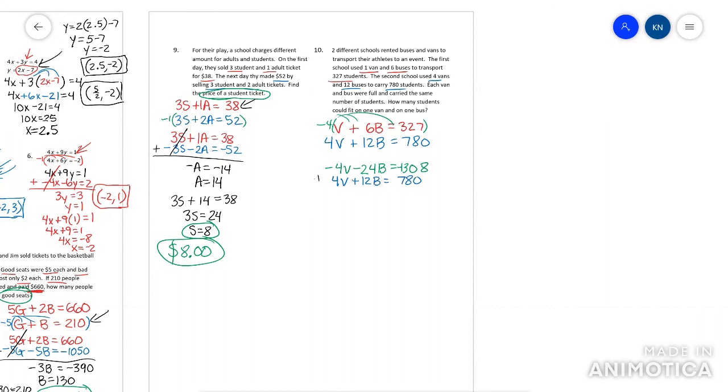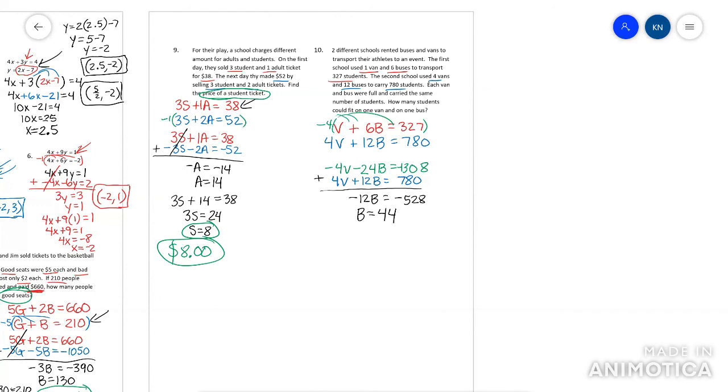Okay, add these together. You get negative 12b equals negative 528, I think. Looks good. All right, divide by negative 12. Let's see, that's going to be 44.